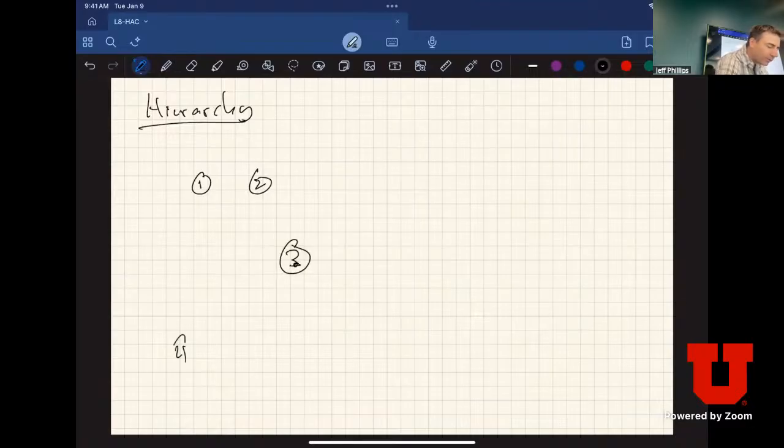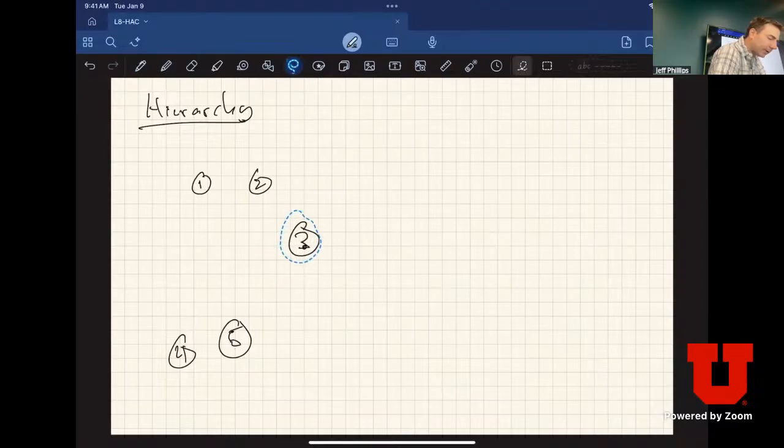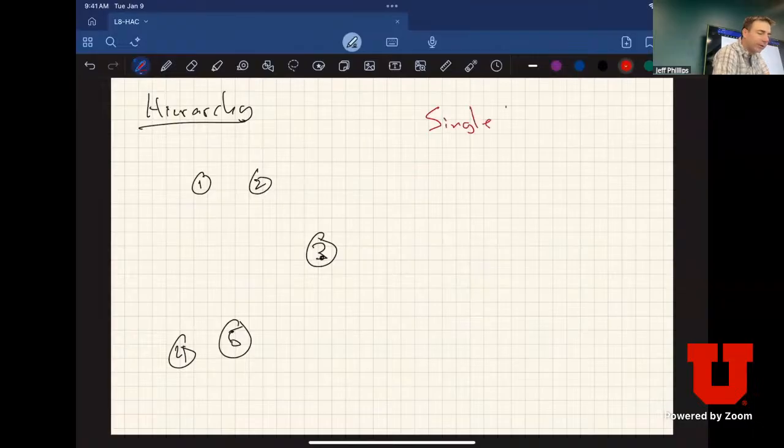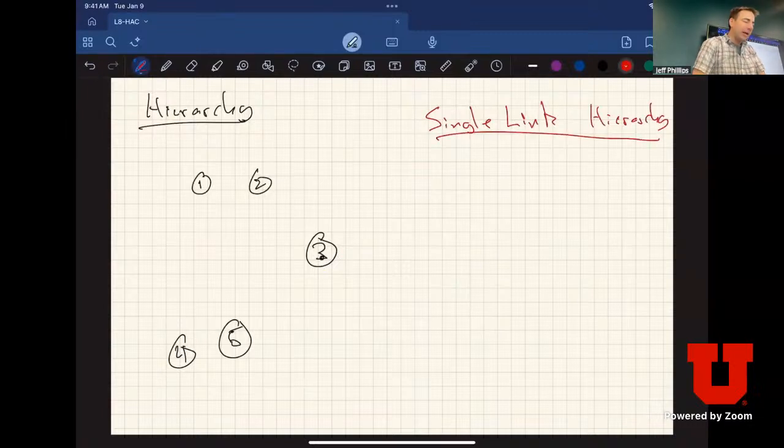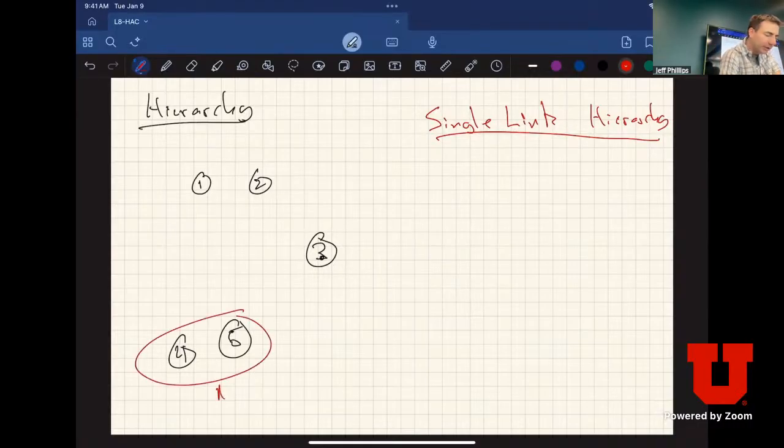If I'm going to run the single link hierarchy, initially the points are all their own clusters, and then I'm going to merge these together.